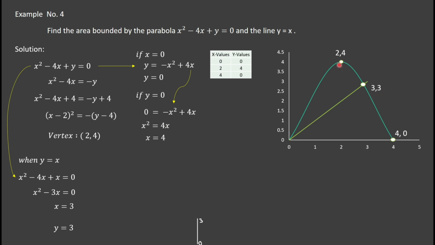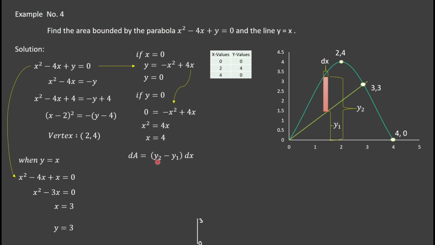Our goal is to find this area. Then we get the vertical strip here. This y sub 1 is the distance from the x-axis to the equation of the line, and the other is the distance from the x-axis to the curve of the parabola, which is y sub 2. This is dx here.